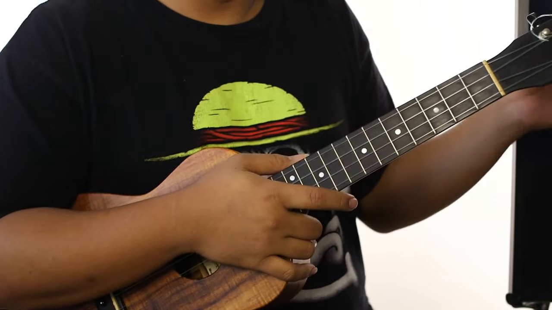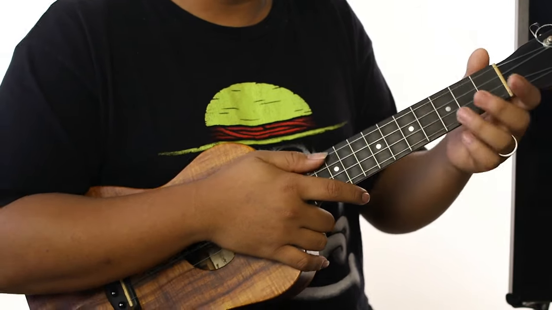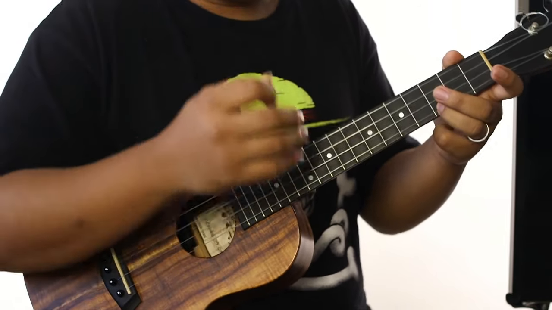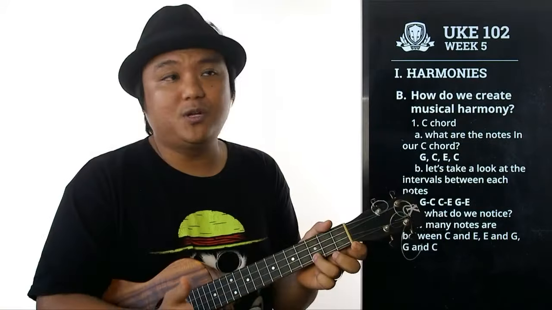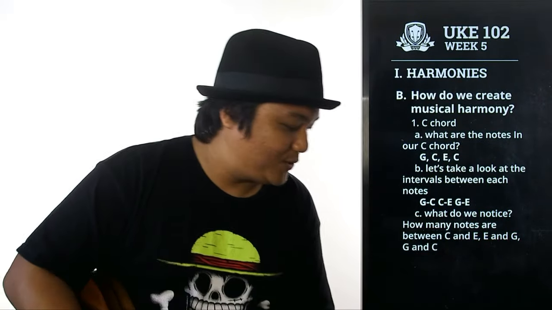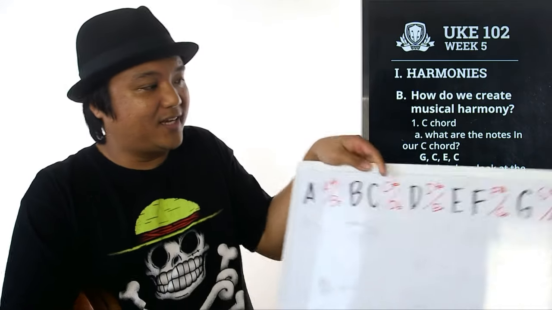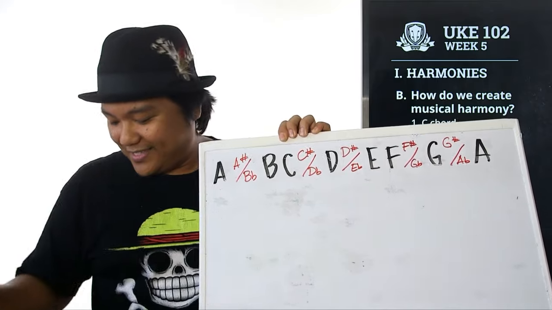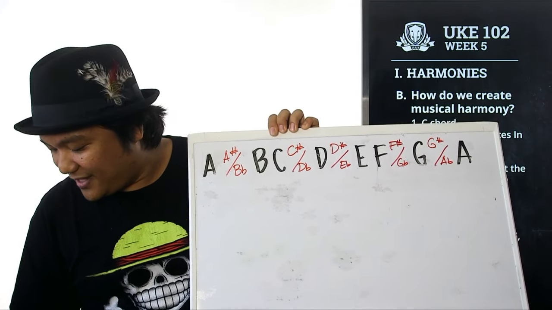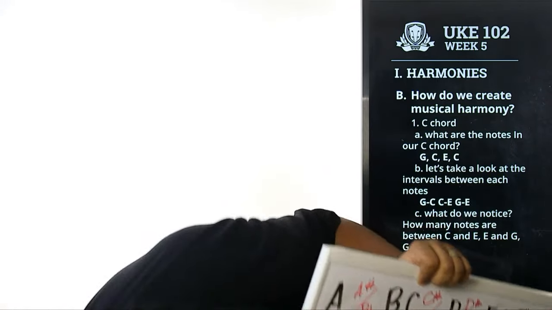If we take a look at the intervals between each note, so from G to C, and by interval, what that means is the space between the two notes, or the gap in between the two notes. Let's take a look at our handy dandy notes. In the key of C, I'm going to put my ukulele down for a second here.